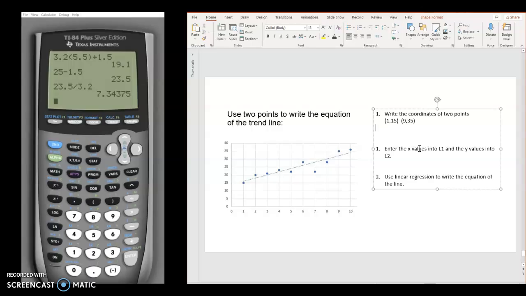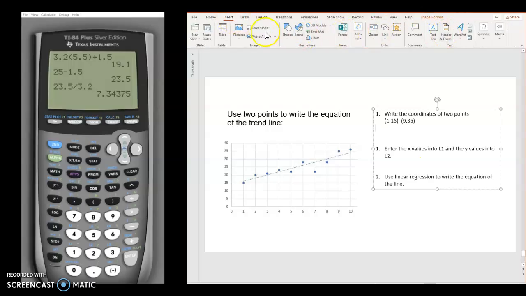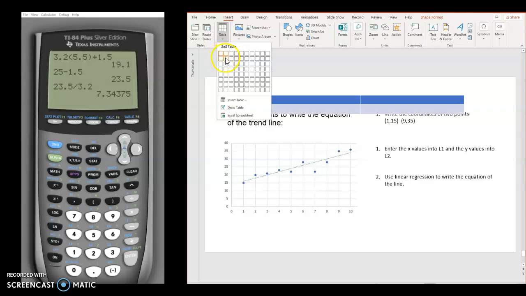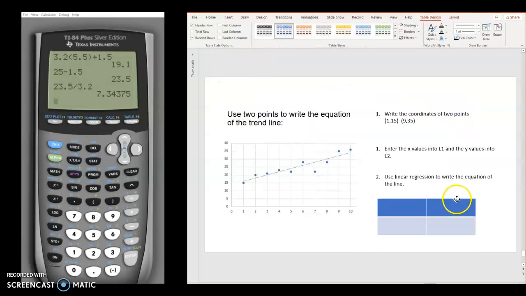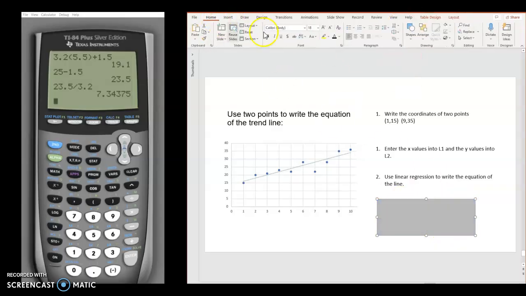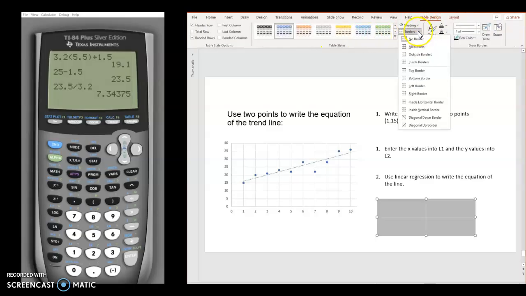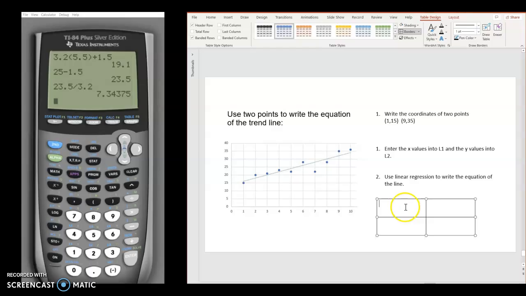Sometimes people like to write it as a table just to help them get all the information sorted out. So here I'm going to enter all my X values and Y values: 1, 15, and then 9, 35.